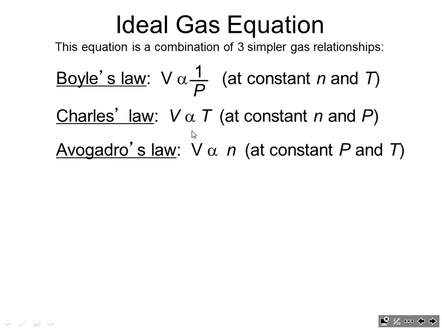The third law is Avogadro's law. Boy, we know that Avogadro, don't we? He's got his own number, man. Avogadro's law states that if we have a constant pressure and a constant temperature, then the volume is directly proportional to the moles.